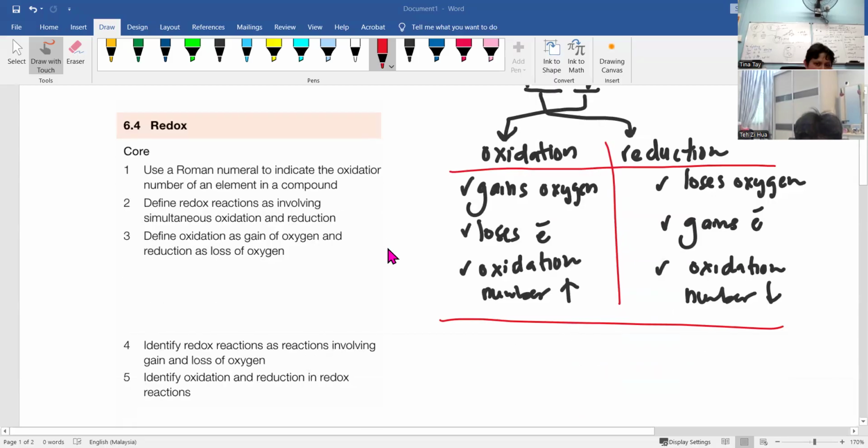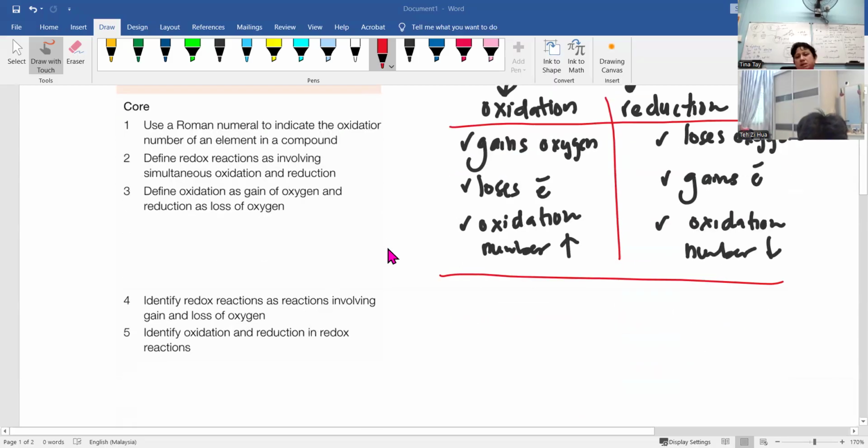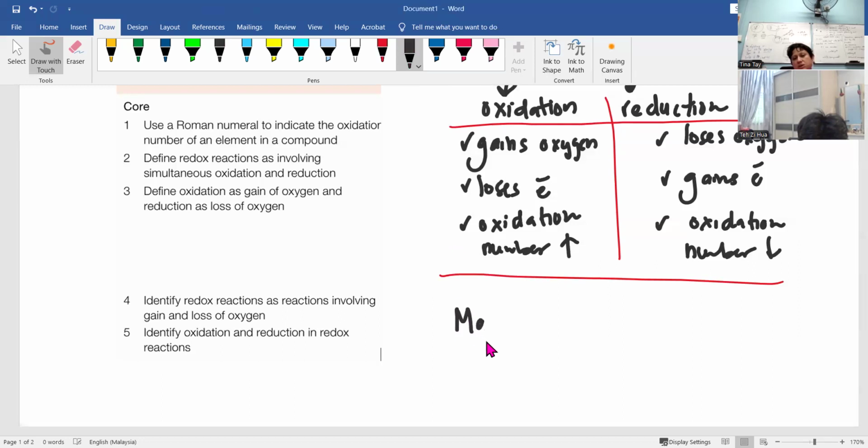All right. So, like this. So you see this equation? Okay, which one gains oxygen?